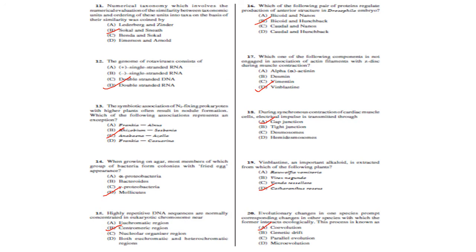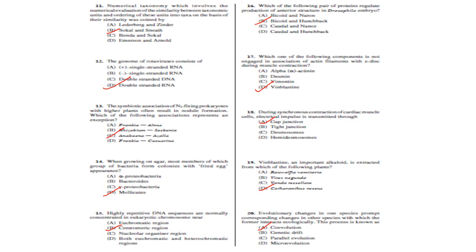So evolutionary change in one species prompts corresponding change in other species with which the former interacts ecologically. This process is known as... So first, we will see microevolution. Microevolution is defined as changes in the frequency of a gene in a population. What is parallel evolution? It occurs when independent species acquire similar characteristics while evolving at the same time in the same ecospace.